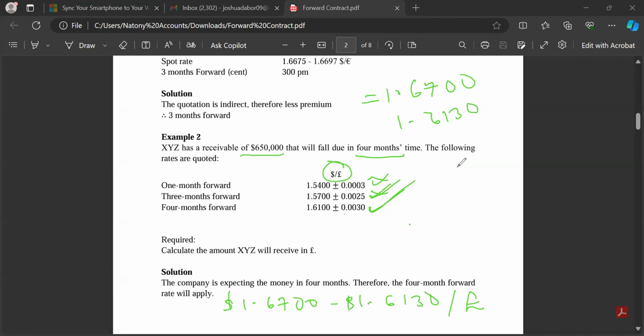But before you look at that, the first question you want to ask is, which quotation is this? Is it a direct quote or an indirect quote?